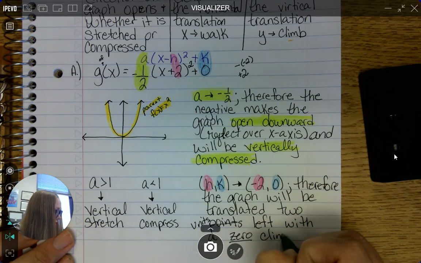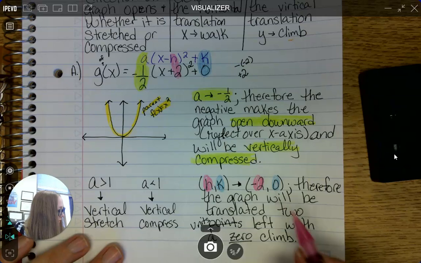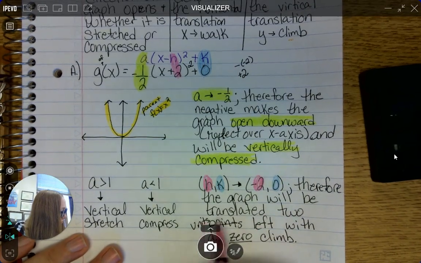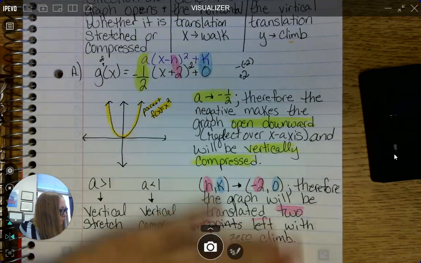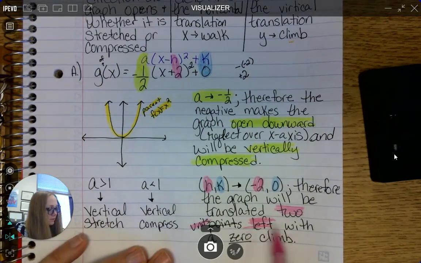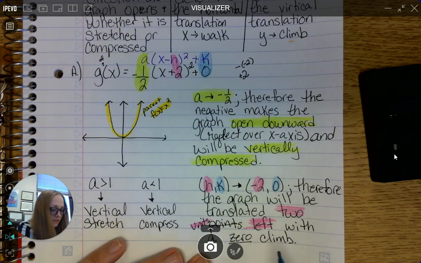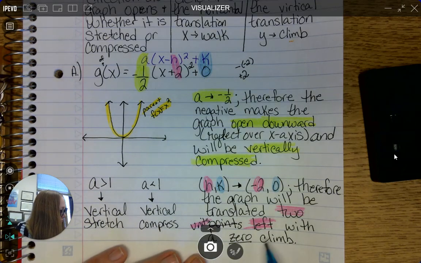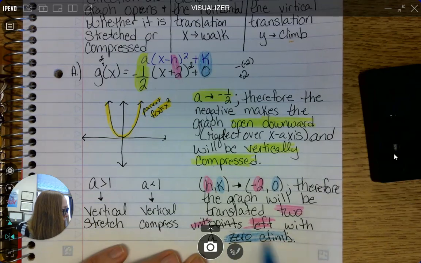So it means we're not going to climb anywhere. It will stay on the x-axis. All right, let's break this up here. So H is pink. That tells me 2 units left. And my K tells me, that's my vertical, walk before I climb, 0 climb up or down.